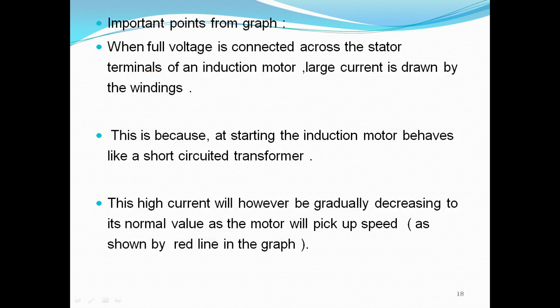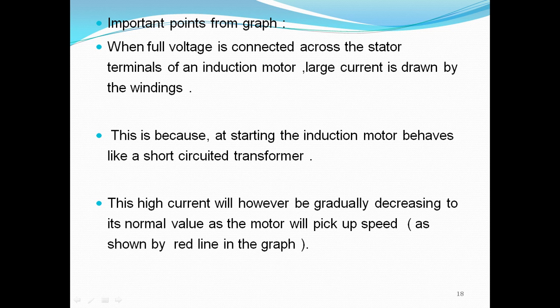As the motor picks up speed, this external resistance is automatically removed, whereas in the DOL starter, it is connected directly to the motor.